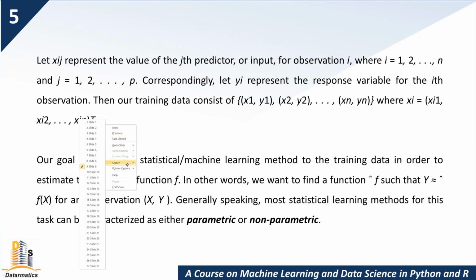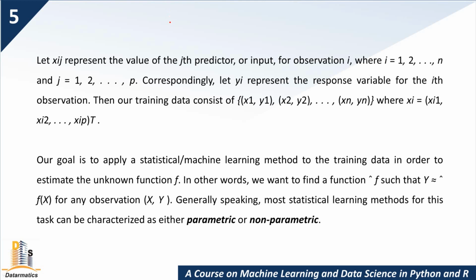So if we take them individually, let's say we are trying to determine the relationship between radio and sales, and we have that radio is x1. So we are saying that sales is y. So we are saying that a function of x1 is equal to y. So what is this function? That is what we are going to estimate.